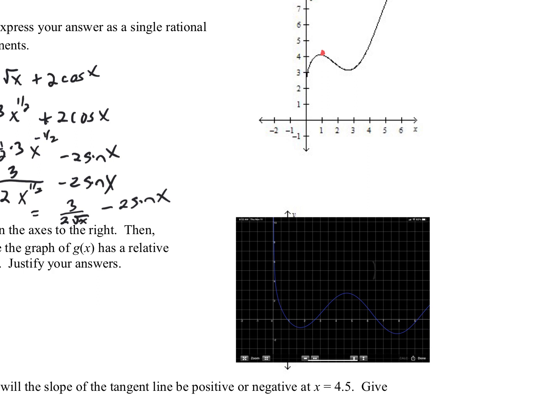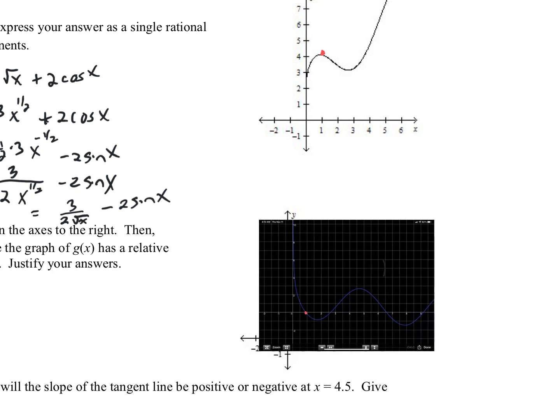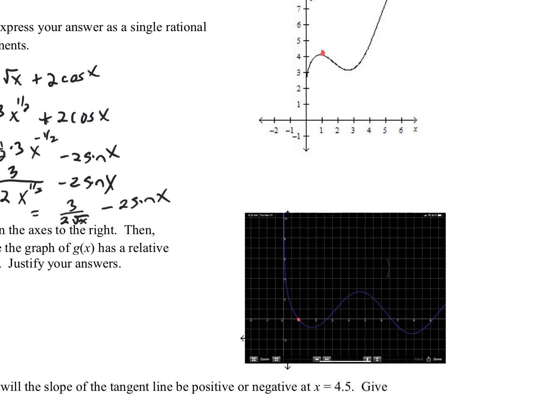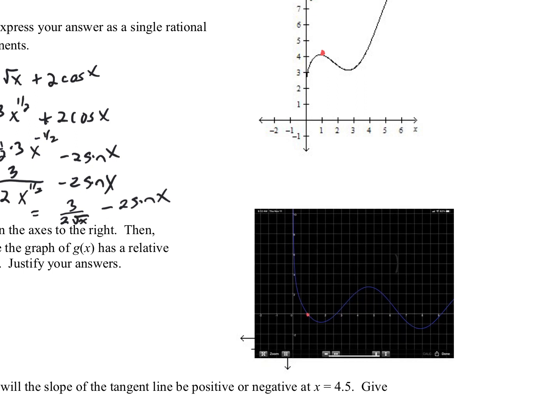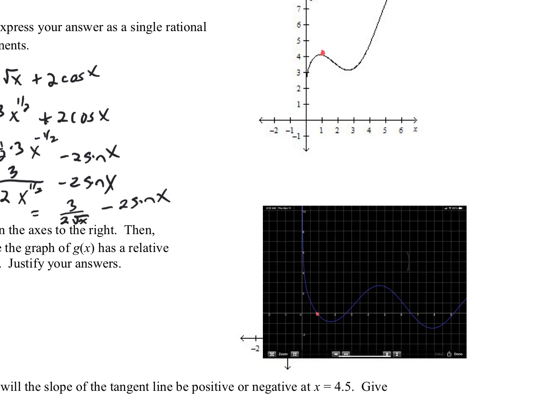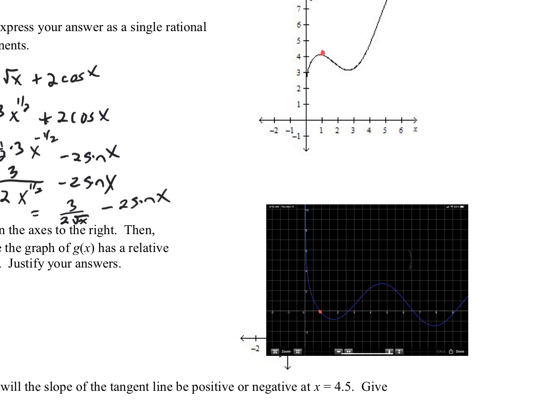So if I look at around a 1 here, right here, I have it. It's lined up. I could probably scoot that over to try to make it match up a little better. Let me try to move it over, get it to the same scale as that. Okay, close enough. So you see that this relative max lines up to the 0 of the derivative.